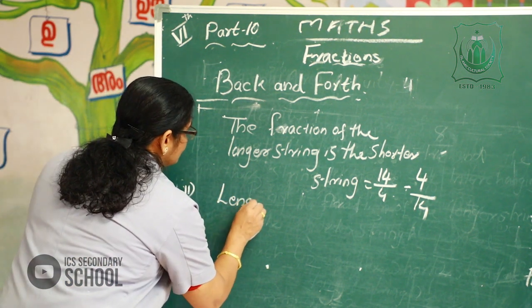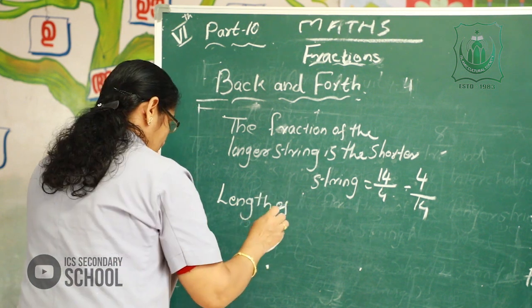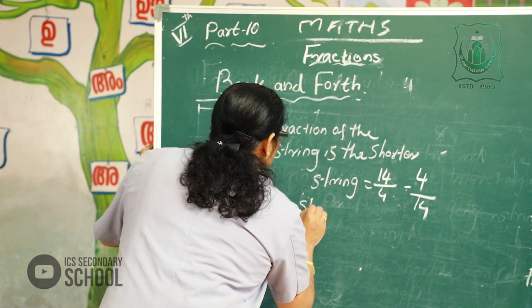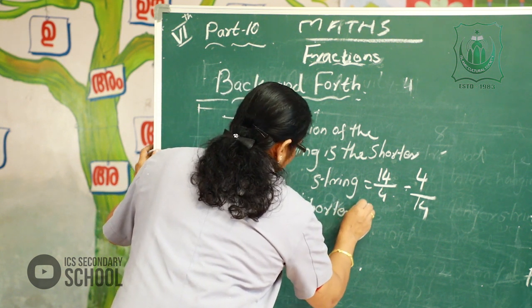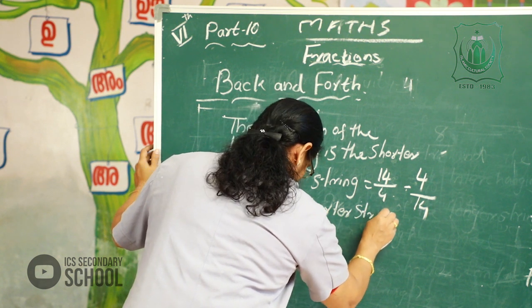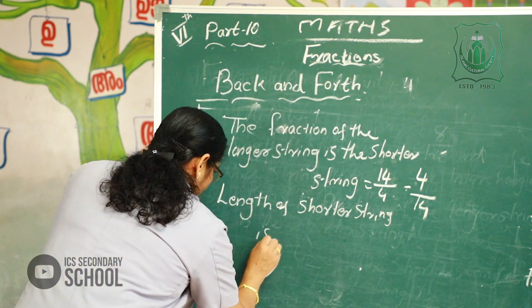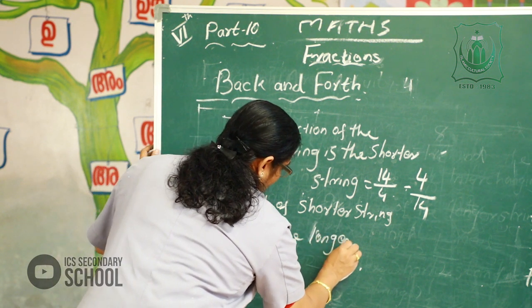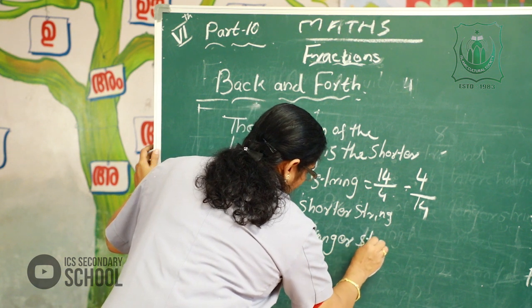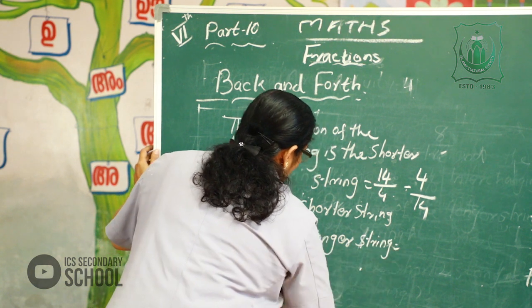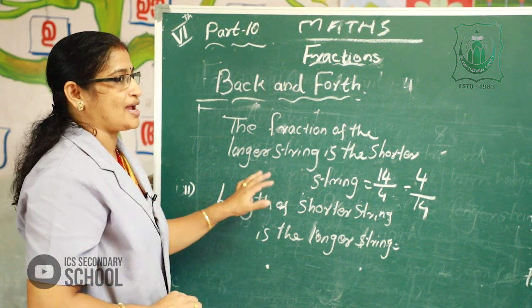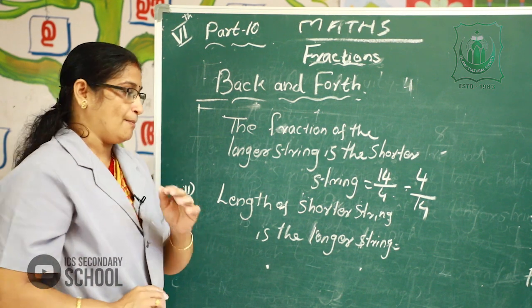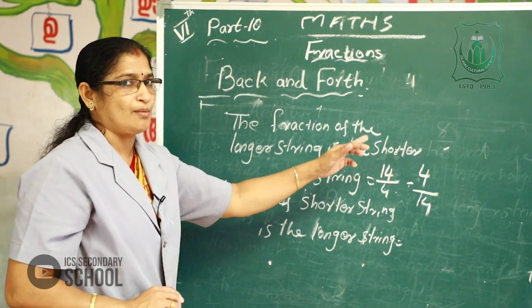Length of shorter string, longer string. How many times of longer string and shorter string? To find the common number, 2.